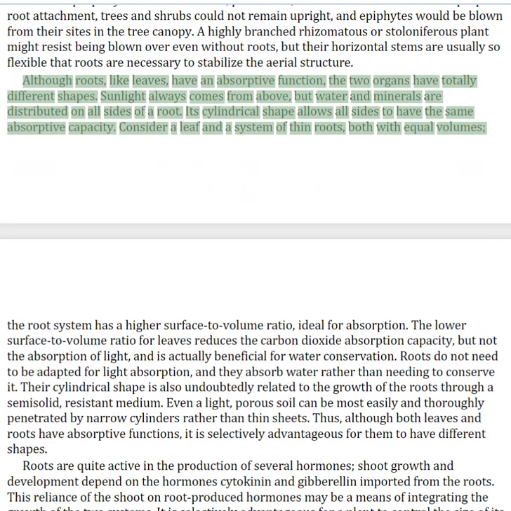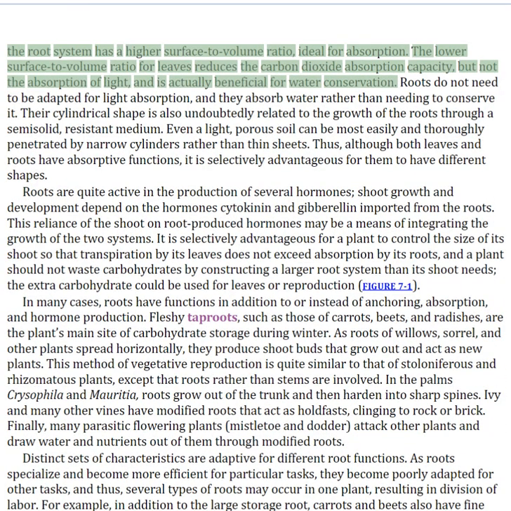Although roots, like leaves, have an absorptive function, the 2 organs have totally different shapes. Sunlight always comes from above, but water and minerals are distributed on all sides of a root. Its cylindrical shape allows all sides to have the same absorptive capacity. Consider a leaf and a system of thin roots, both with equal volumes. The root system has a higher surface-to-volume ratio, ideal for absorption.